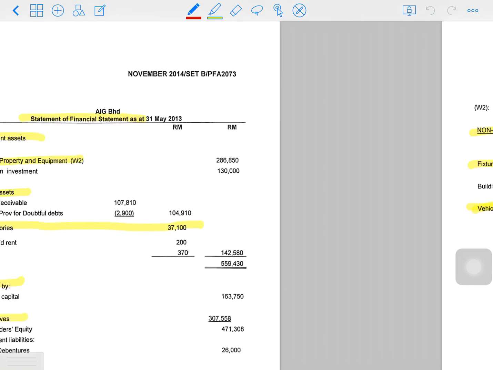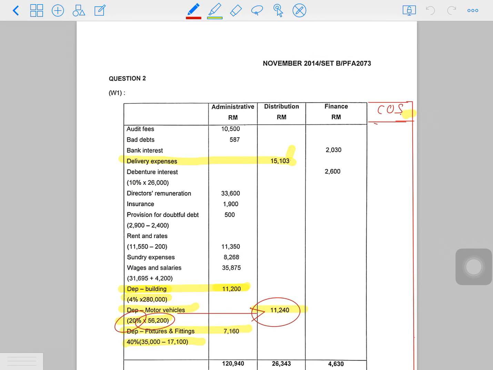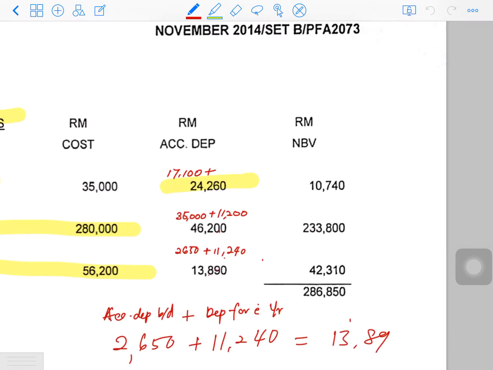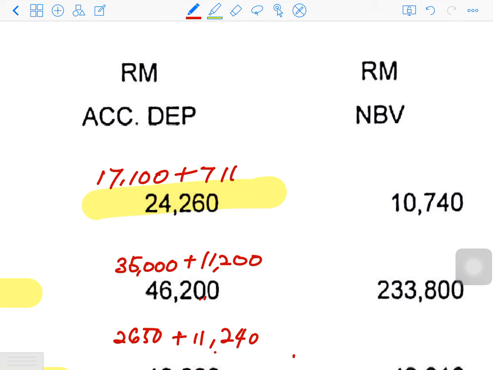How much did we calculate just now? 7,160, right?